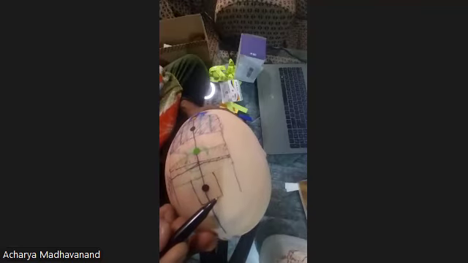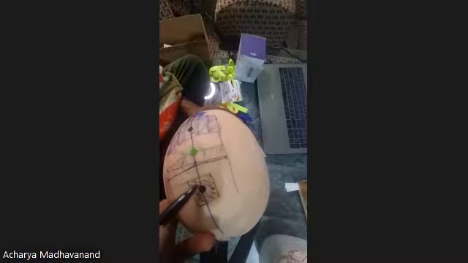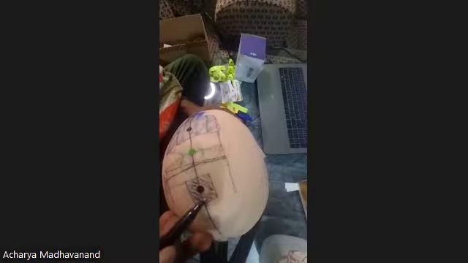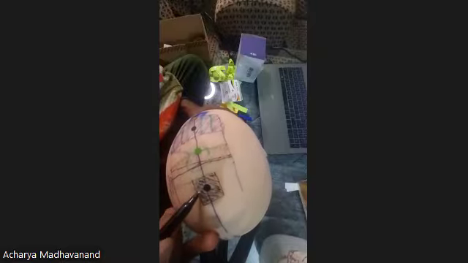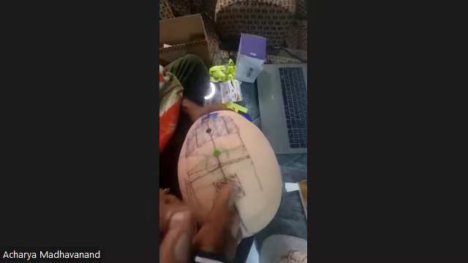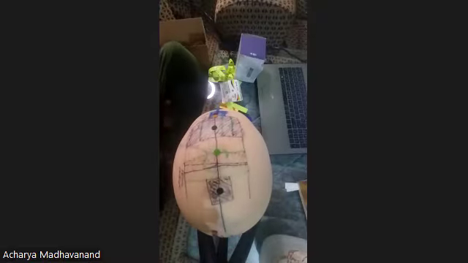This area is used for head and vertex area. Half tune from all the sides. And the center of this area is DU20.